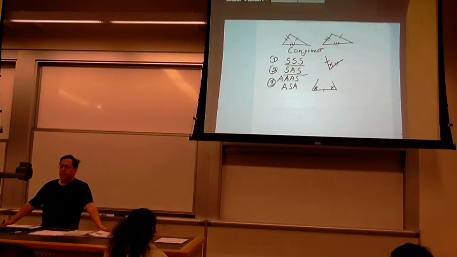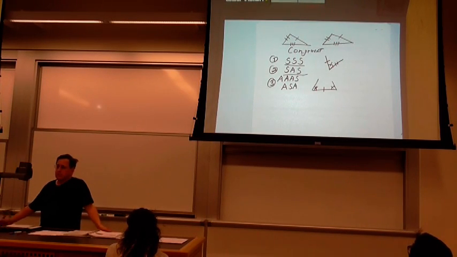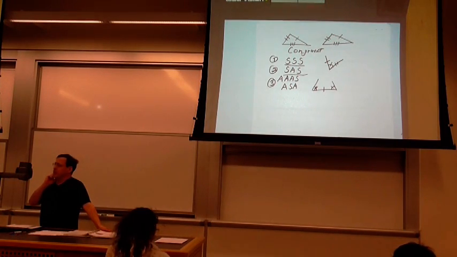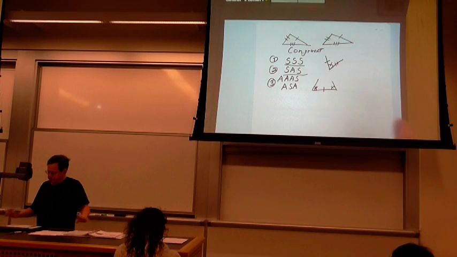Okay, so if you have 3 angles, or if you have 2 angles, which is the same, you don't have congruent triangles, you know something else about them. Anyone remember? They are similar? You have similarity, that's a similarity theorem, right? And we're not interested in that today, not yet.